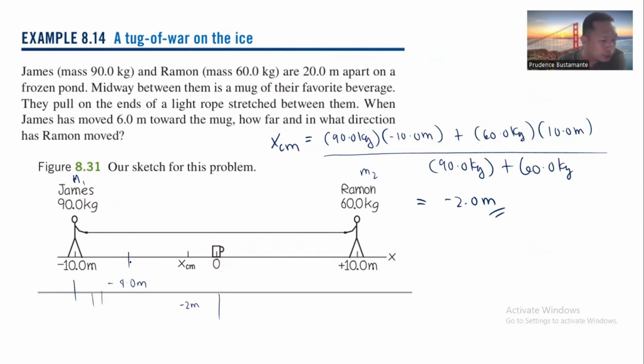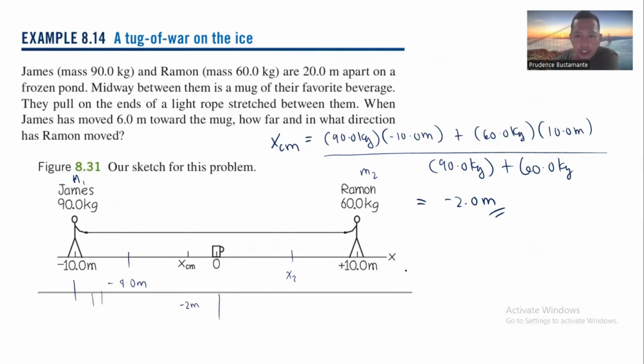James's new coordinate is negative 4.0, and we call Ramon's new coordinate x2. We don't know that yet, but the center of mass must be the same. So what would be x2?